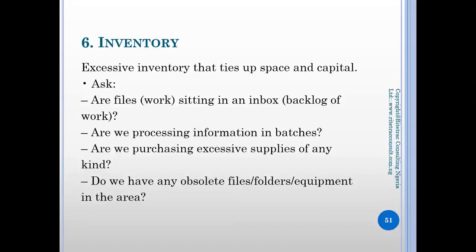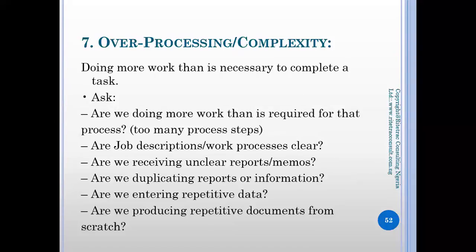The thing is still costing them a lot of money, so that should be looked at. And sometimes we also have things in our place that are obsolete, so we need to get rid of them. But it's a professional who will be able to understand all this. Remember, this is an overview of the real process improvement consulting.